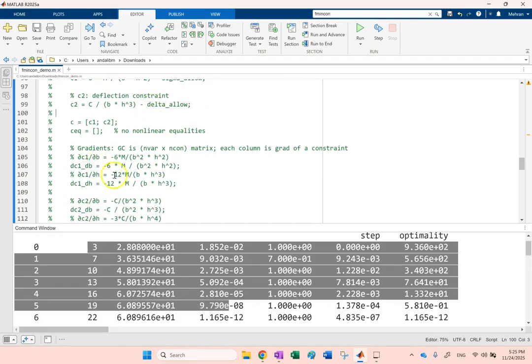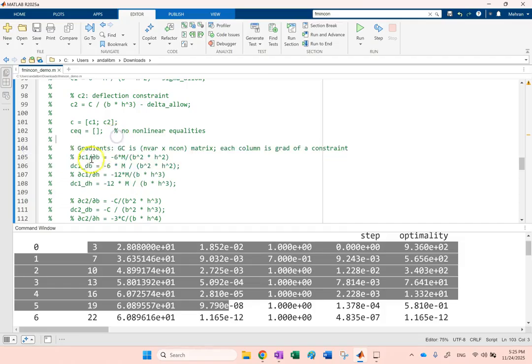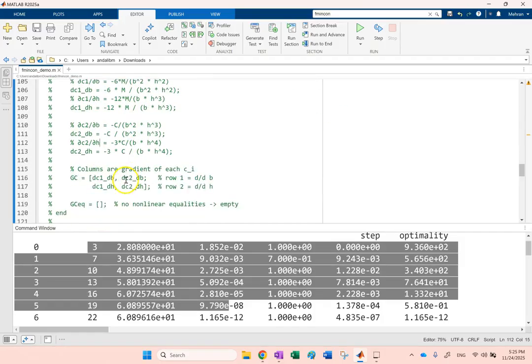Now, look, here it calculates the gradients for you. And that's the gradient of C1 for B. That's the gradient of C1 for H. And then C2 for B and C2 for H. Okay? And then here, we are putting the gradient of C1 with respect to B and H in the first column and C2 for B and H in the second column.